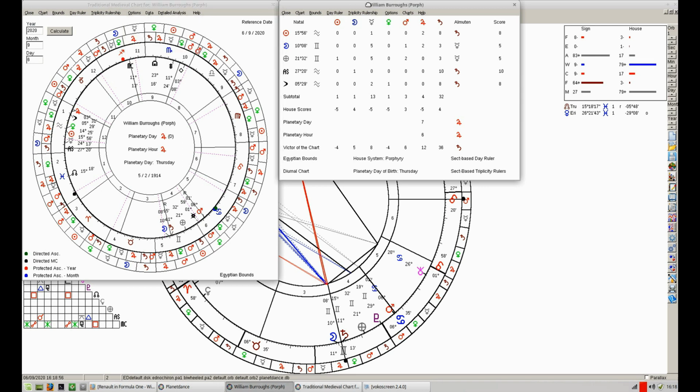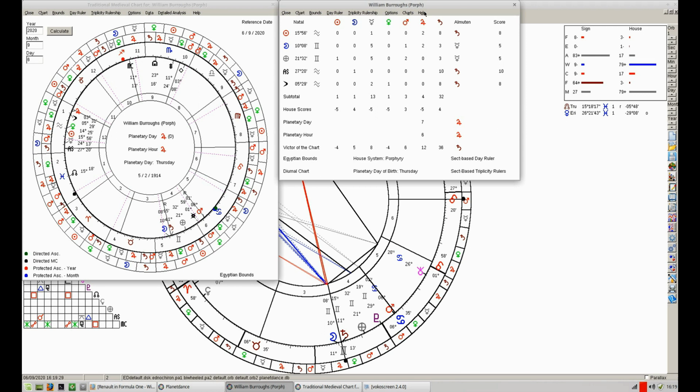The Victor of the Chart module is derived from the work of Ibn Ezra, a medieval astrologer from the Arabic tradition, and this method looks at the almuten or victor of 5 points in the chart: the sun, the moon, the part of fortune or the lot of fortune, the ascendant, and the prenatal lunation.